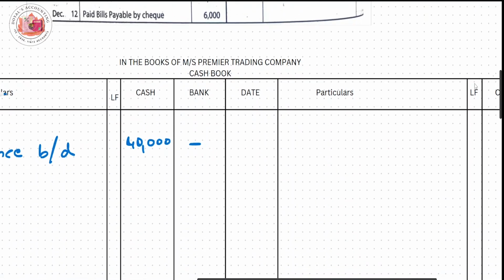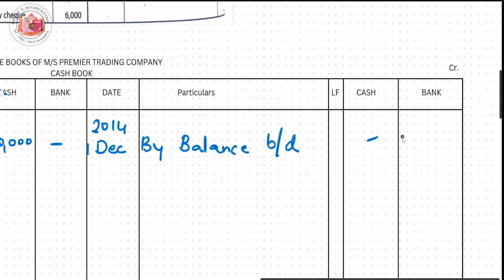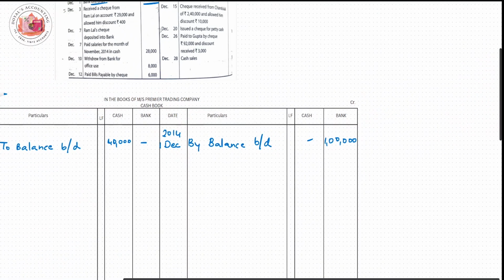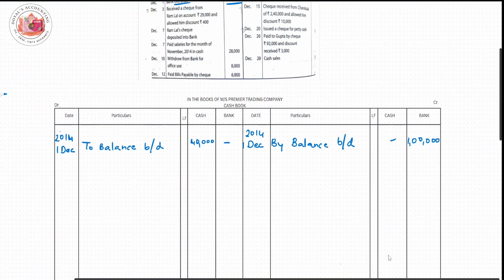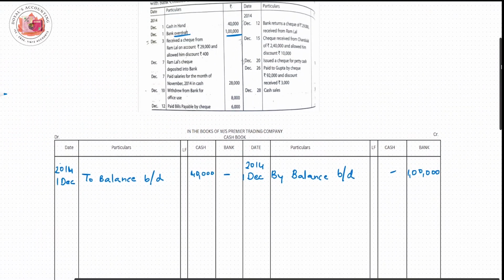So this I will record on my credit side. 2014, 1st December, by balance brought down, 1 lakh. Remember, entries on the credit side in any ledger will be written with "by". Now let's go and see the next transaction.